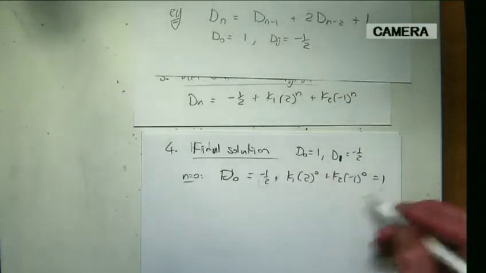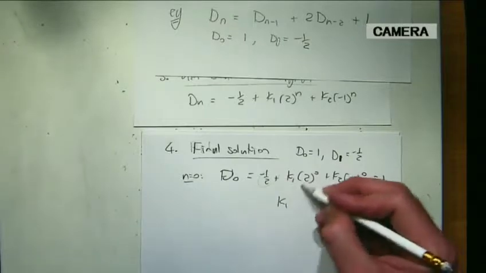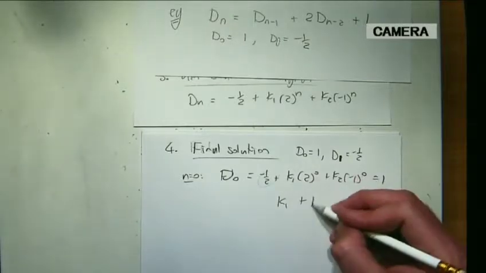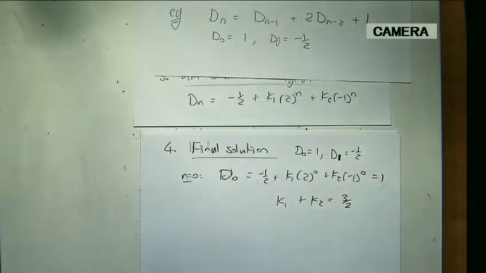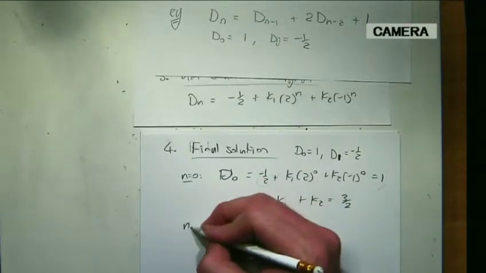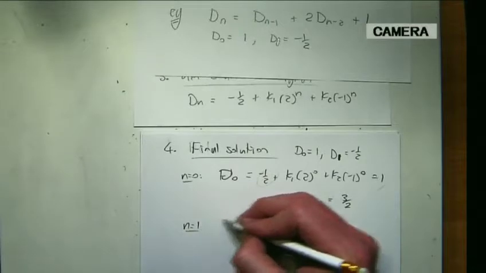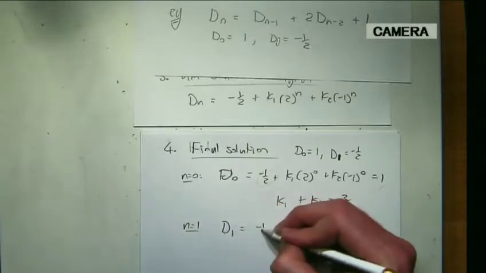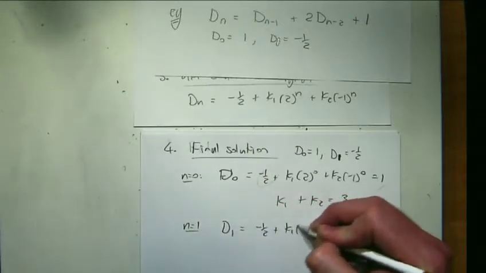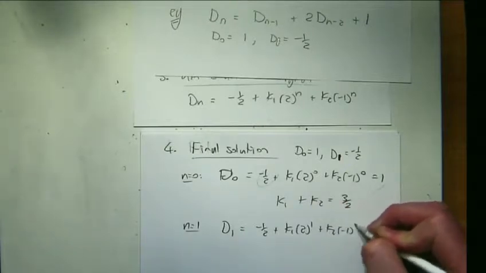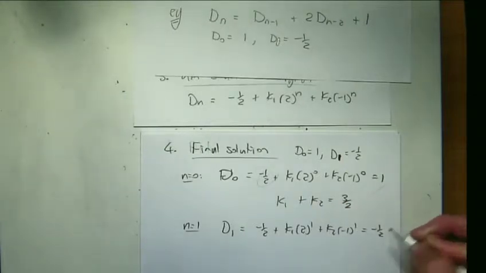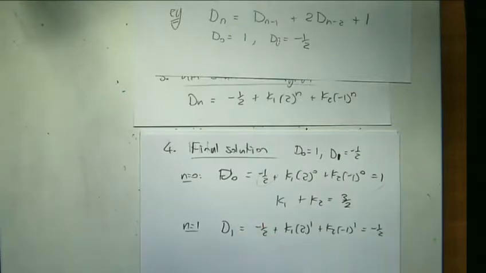So I'll put the minus a half over there. 2 to the 0 is 1, minus 1 to the 0 is 1, and I get 1.5. And for n equals 1, I've got that D1 is minus a half plus K1 times 2 to the 1 plus K2 times minus 1 to the 1, which is supposed to come out to minus a half. So I put the minus a half over there, I get a 0.